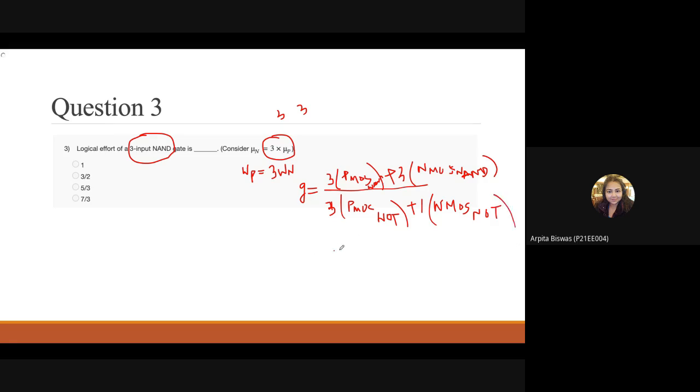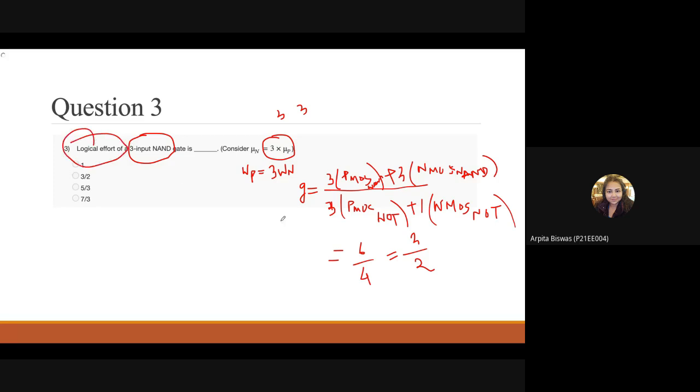So tell me the value. 3 plus 3, 6 by 4, right? All is the NMOS, and this is for the N thrice 4. So the value is 3 by 2. Please go through this logic effort, how to calculate it.